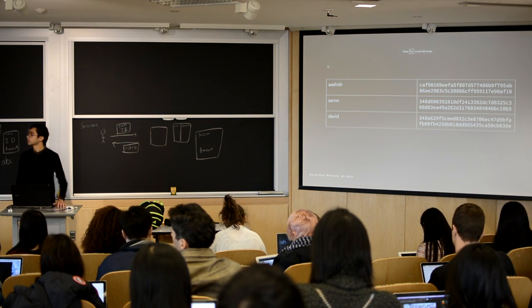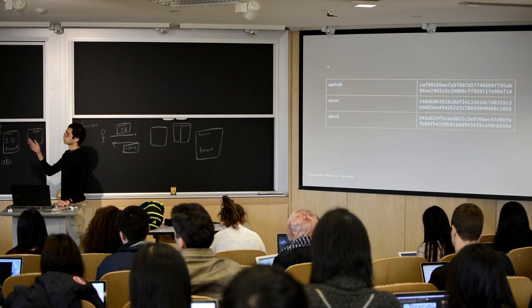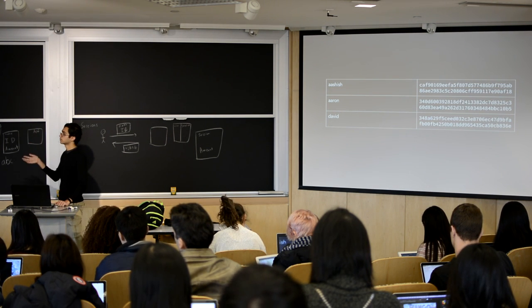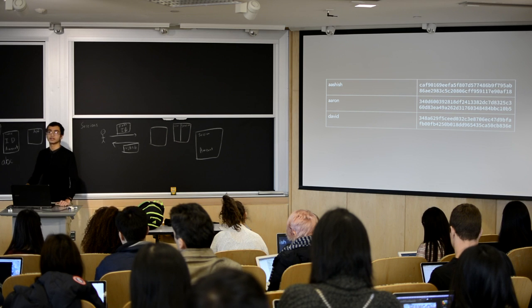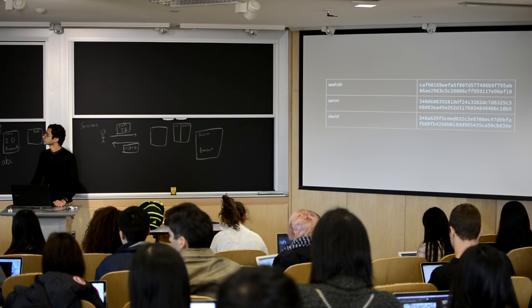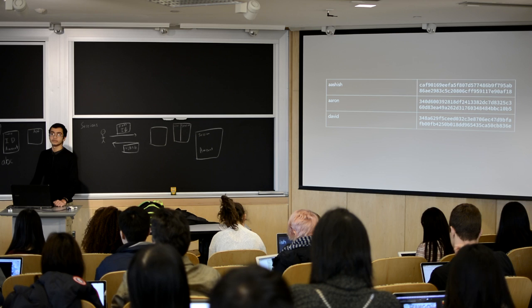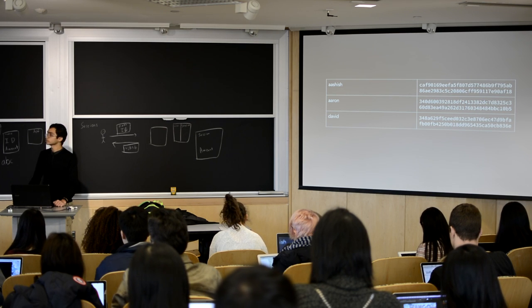So Hunter has managed to steal the table of names to hashes, okay? And he can't actually reverse these hashes. But it turns out that there is a way that he can retrieve my password.